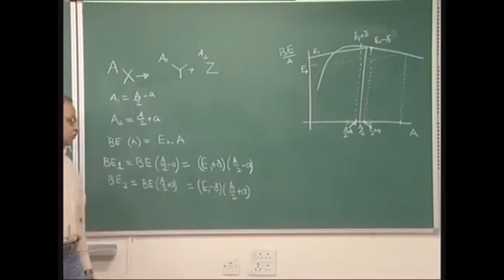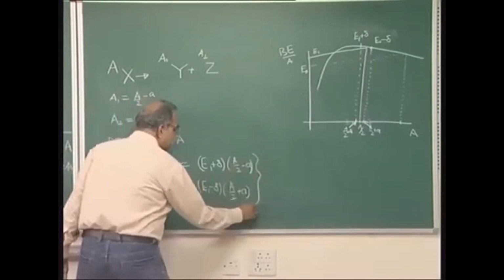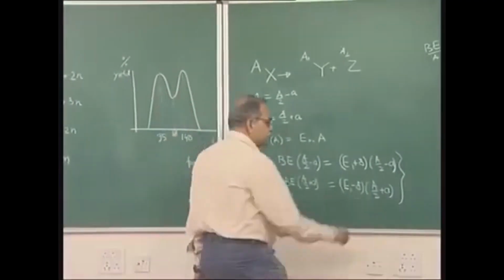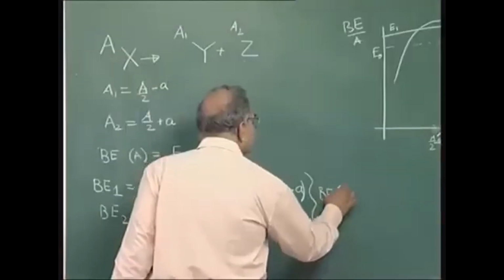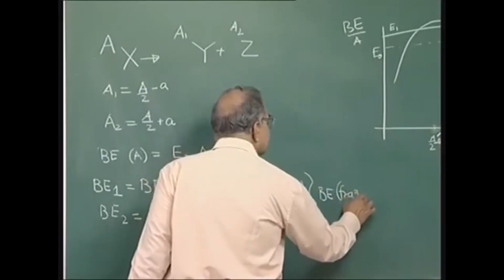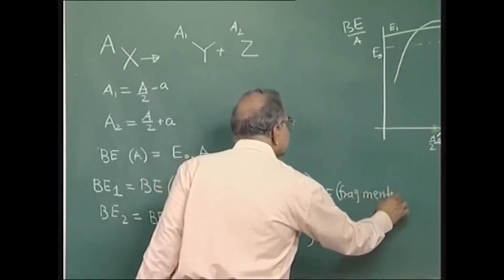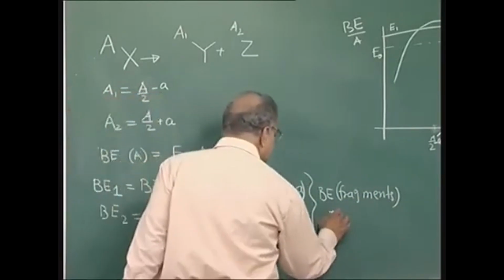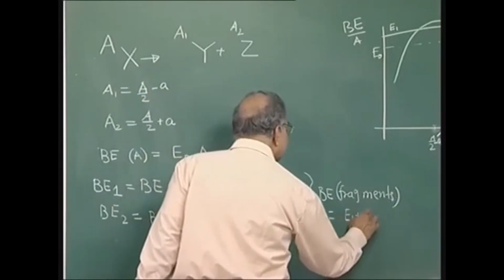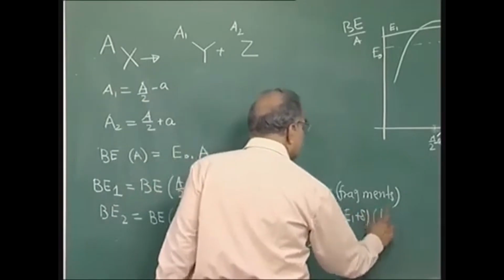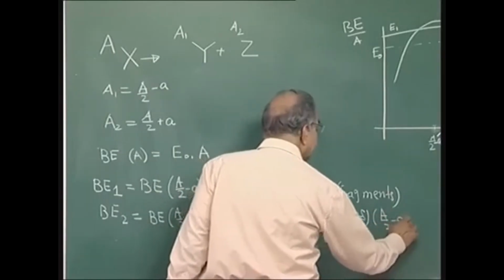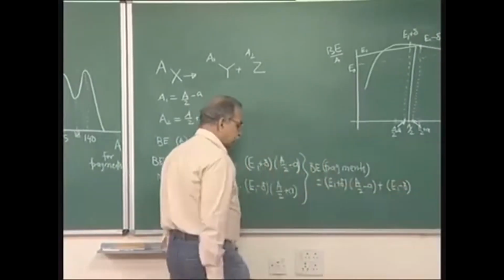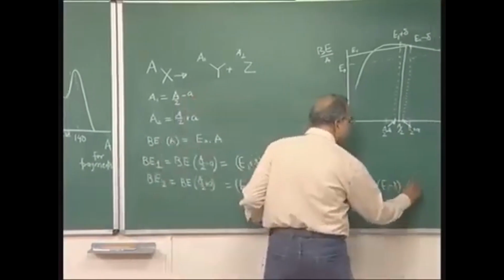So, the total binding energy after the splitting is BE of the fragments, BE1 plus BE2, that is E1 plus delta times A by 2 minus small a, plus E1 minus delta multiplied by A by 2 plus a.